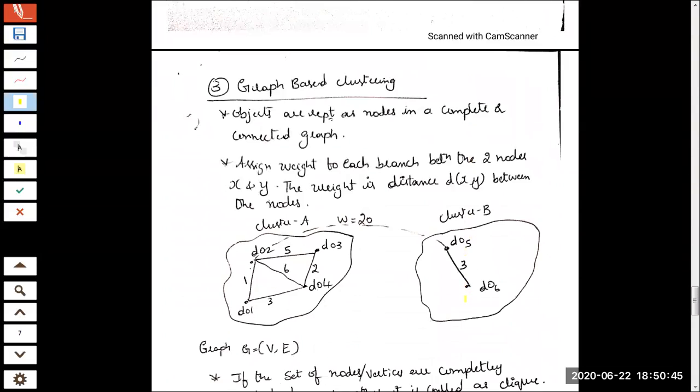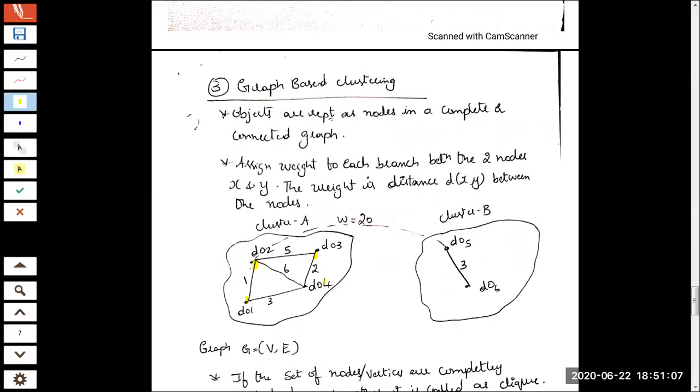The next type of cluster is graph based clustering. So here what we are doing is we are representing objects as nodes. That is, each and every data object or data point will be represented as a node. Okay, you can see DO1, DO2, DO3.